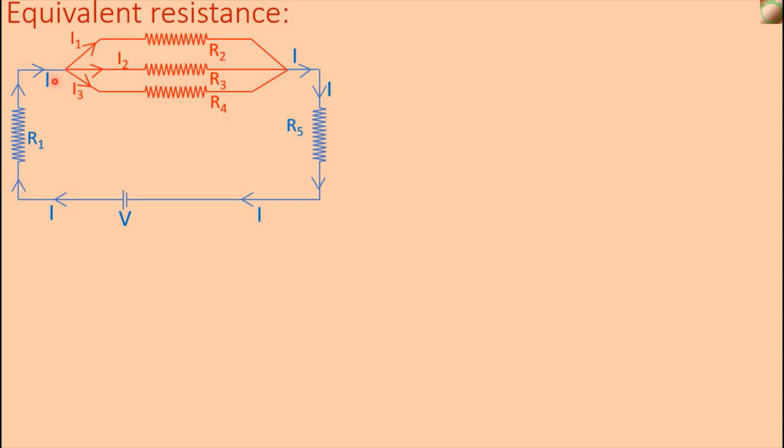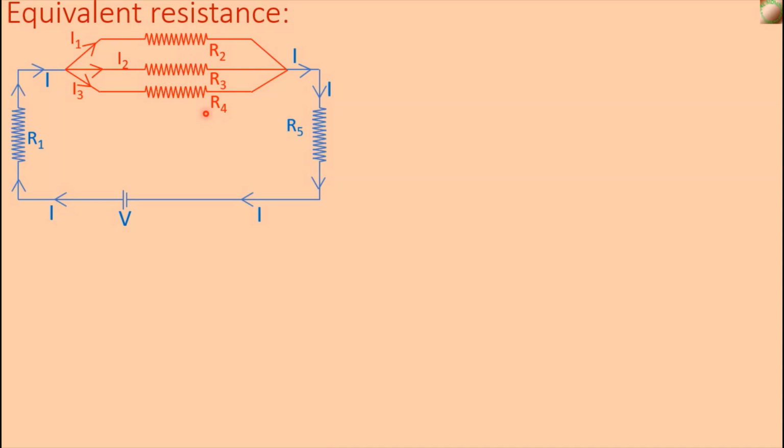At this point this I current is split into three parts, I1, I2 and I3, and at this point this I1, I2 and I3 currents meet and again produce I current, and I current is flowing through the resistance R5.